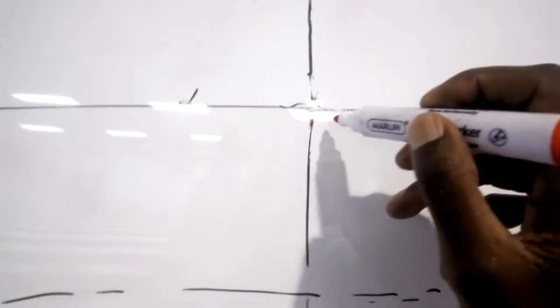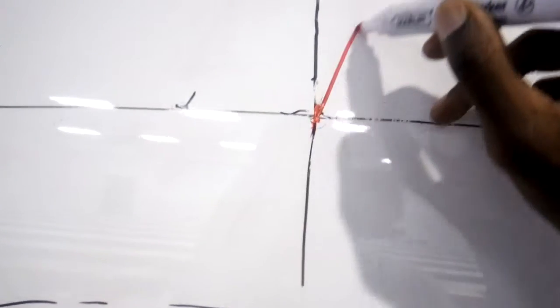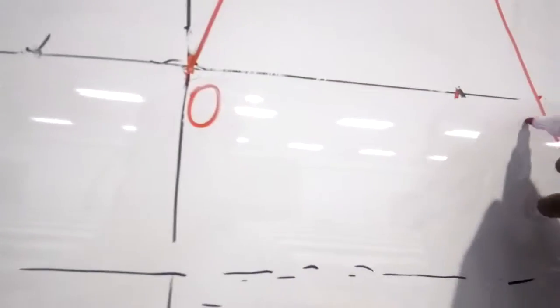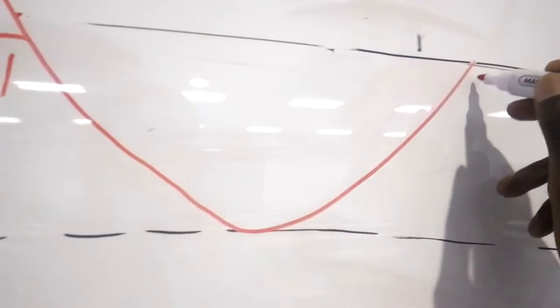So we start there and draw. It goes up and down and reaches that side. So the values: it is 0 there, there is pi, that's half cycle, and there is 2 pi.